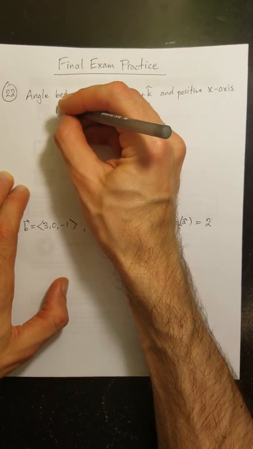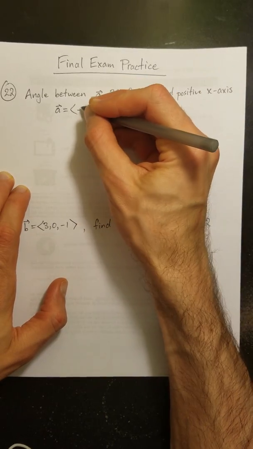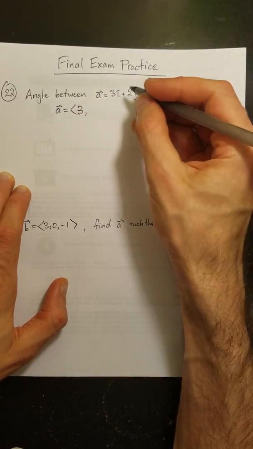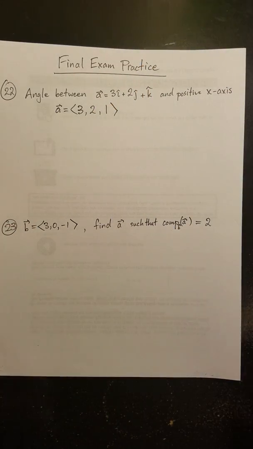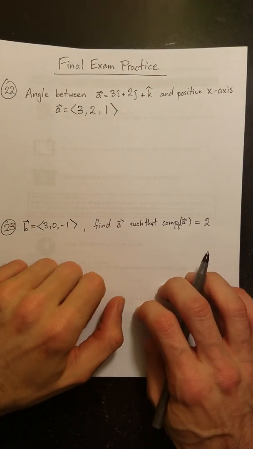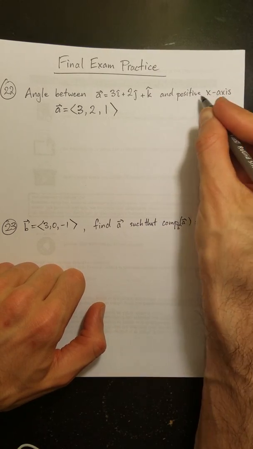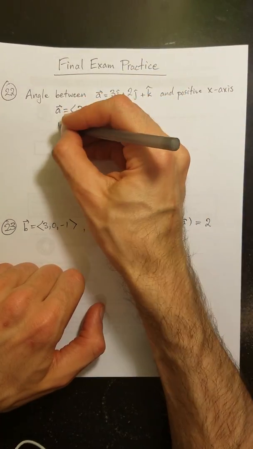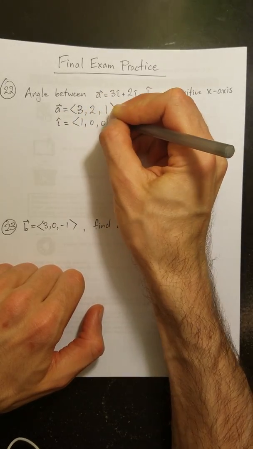So we can rewrite this A in component form. We'll have 3, 2, 1 as our vector A. That's the components of the vector A. And to take a vector that's along the positive x-axis, we can just think of our standard basis vector i, 1, 0, 0.